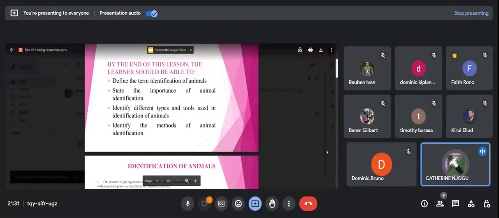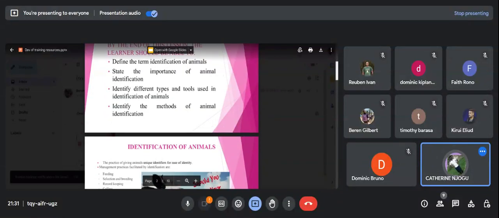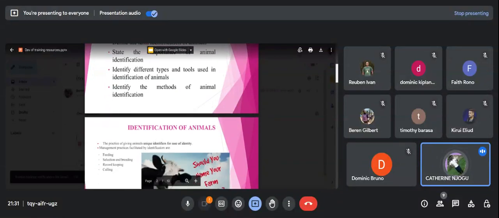Identification is the practice of giving animals unique identifiers for ease of identity. By giving the animals unique identities, it helps the management practices. Some of the management practices that are facilitated by identification are feeding.